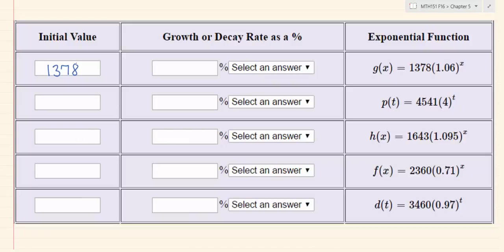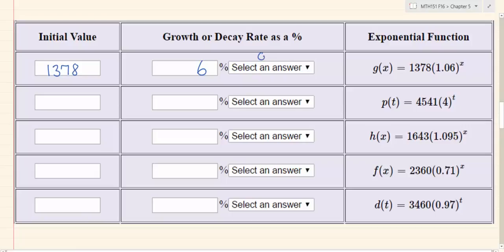What is the growth or decay rate as a percentage? And this is starting to get away from pure mathematics and more like application. Growth rates, percentages. 0.06 is the correct decimal, but they want it as a percentage, so I'm going to go 6%.